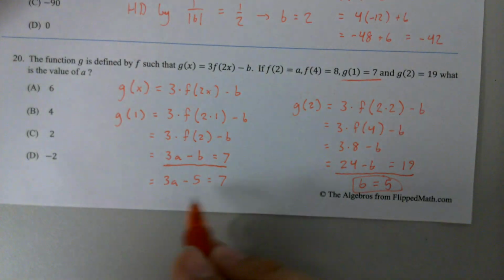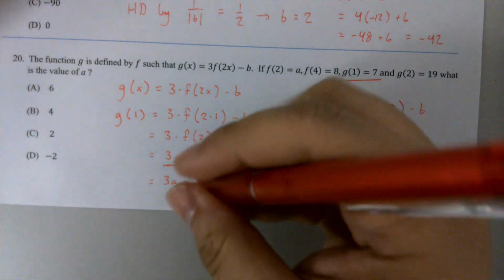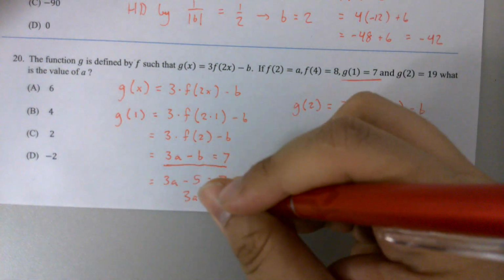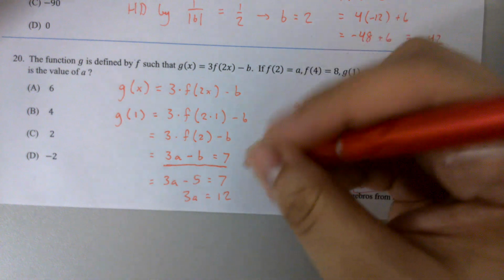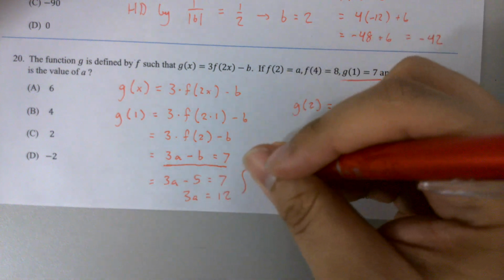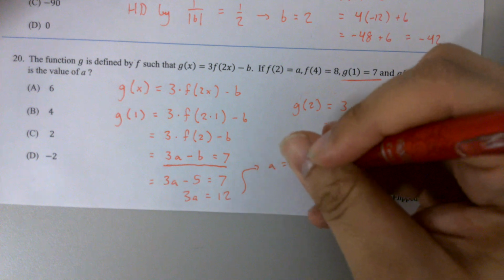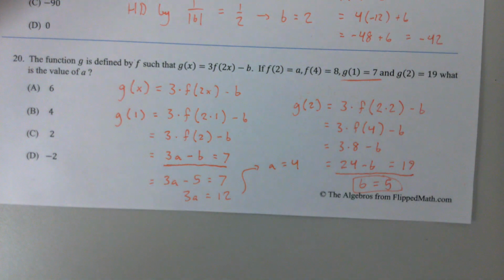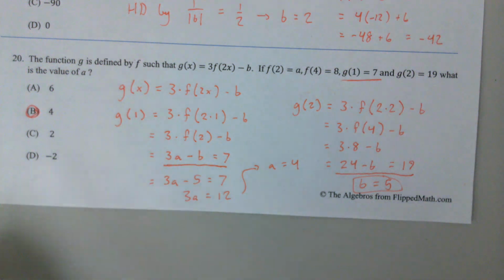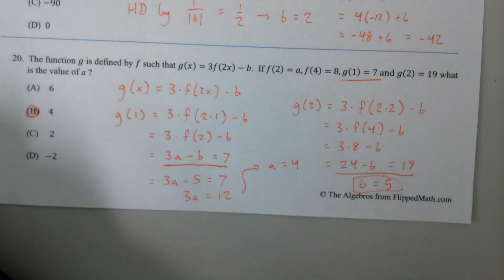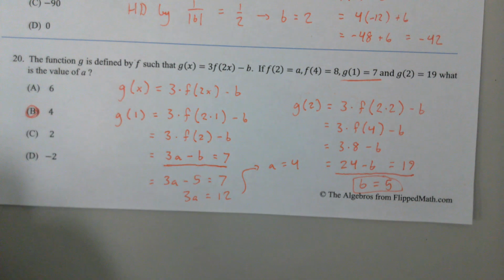And now solving this equation, 3a minus 5 is equal to 7, 3a must be equal to 12. And now if we divide by 3 on both sides, we get that a has to be equal to 4. And so the answer would have to be B. And I'm not entirely sure if that's correct yet. And after checking the solutions, yes, B is correct.